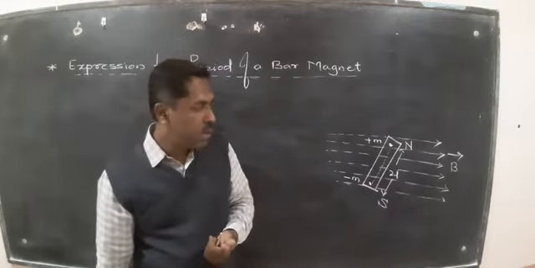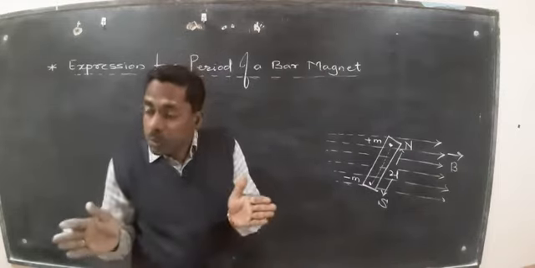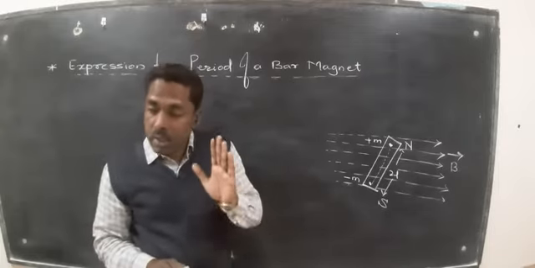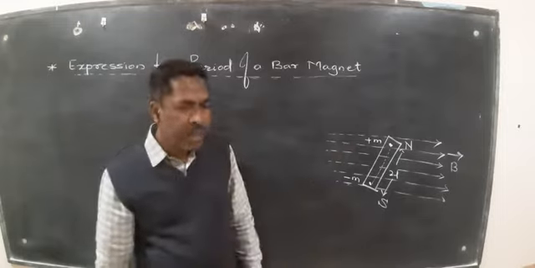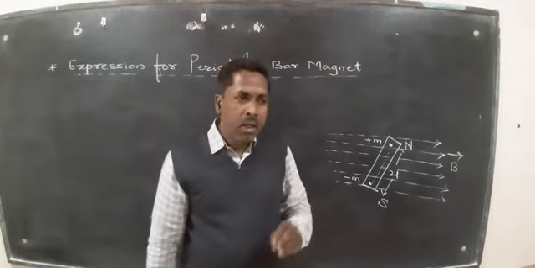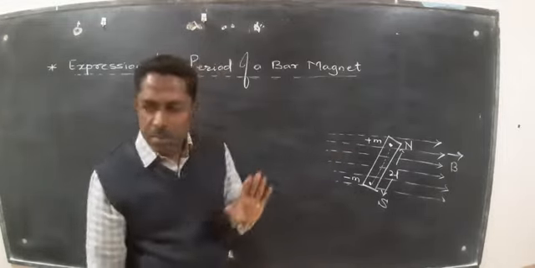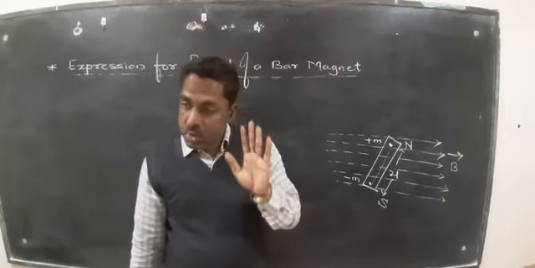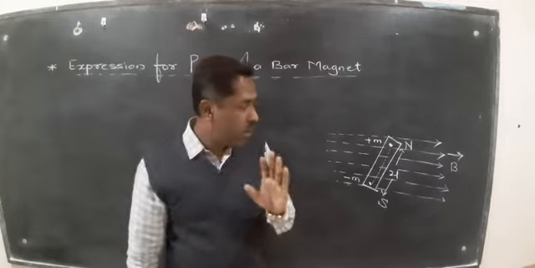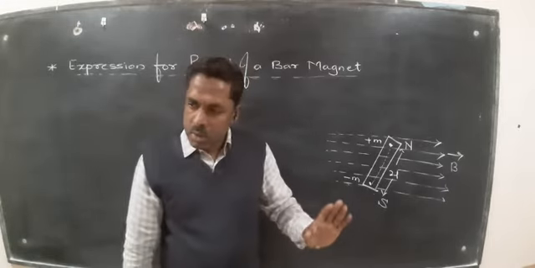When it is kept in a magnetic field, it maintains its equilibrium position, or the bar magnet is generally at rest, as shown in the figure.